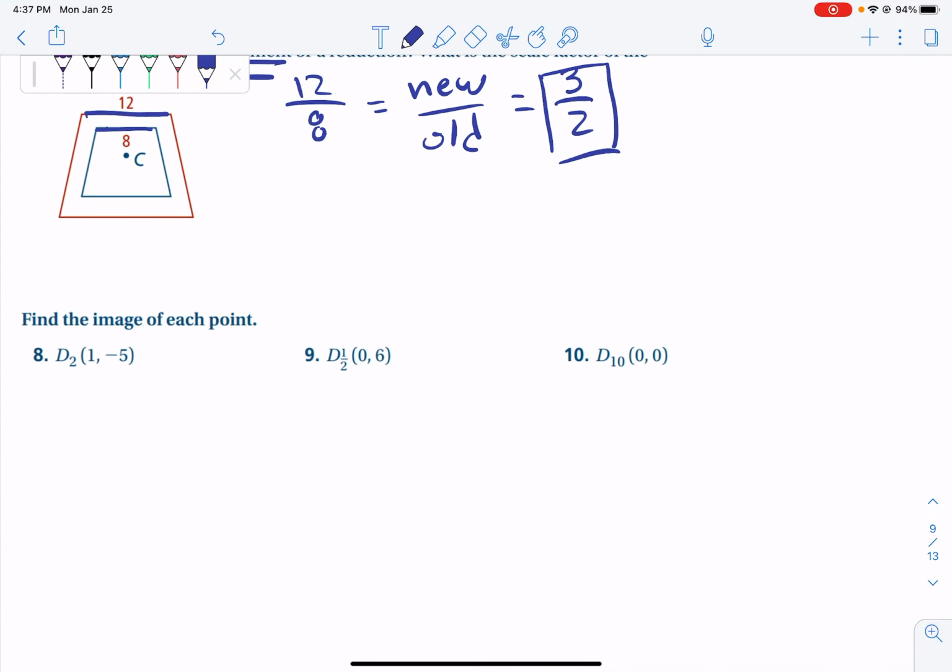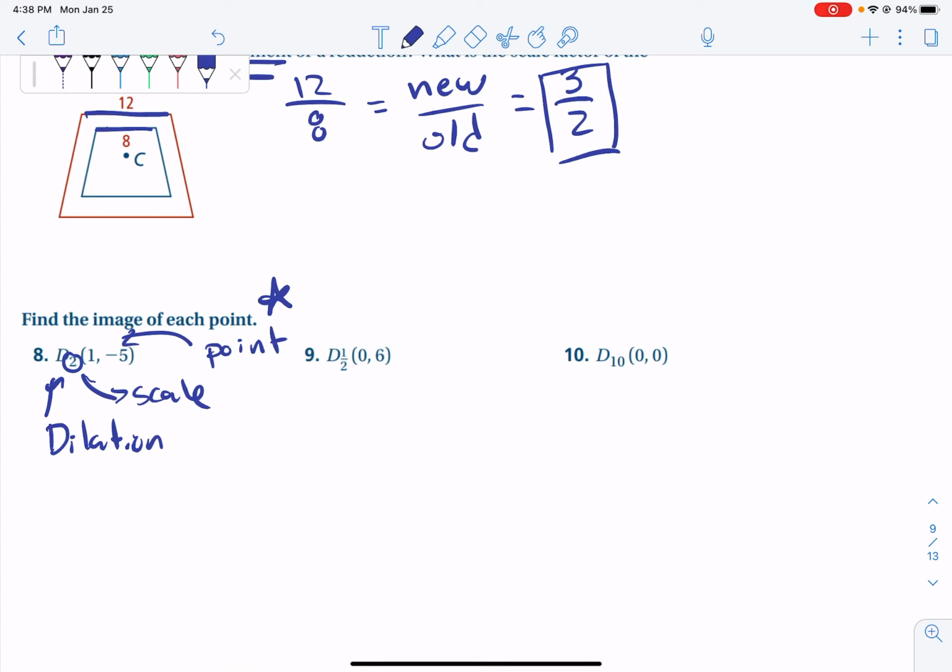Now, this one on the homework last year kind of got everybody stuck for a minute because they weren't sure what these numbers meant. Words are hard, guys. So D means dilation. This little number 2 is my scale. And this right here is just a point.